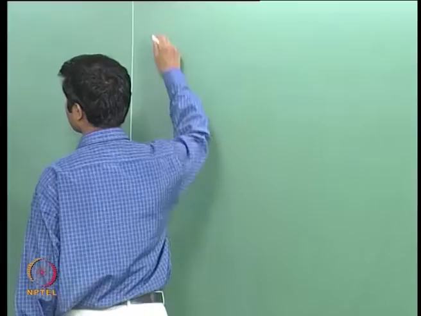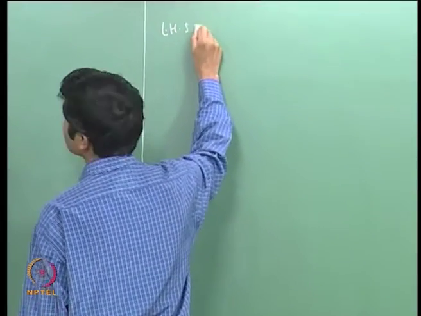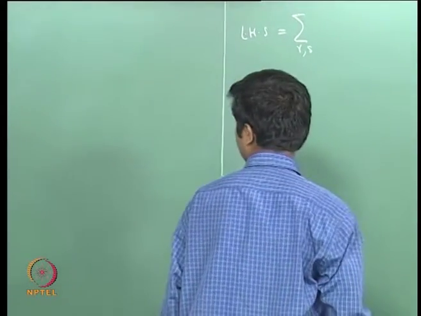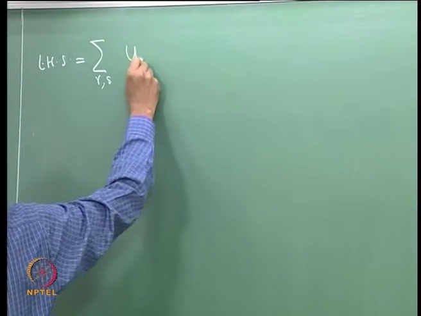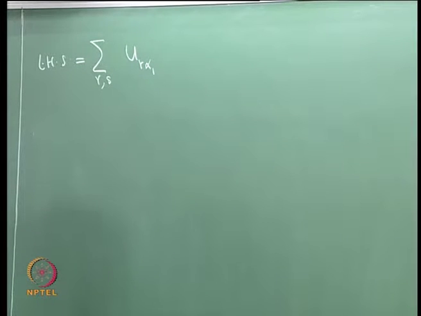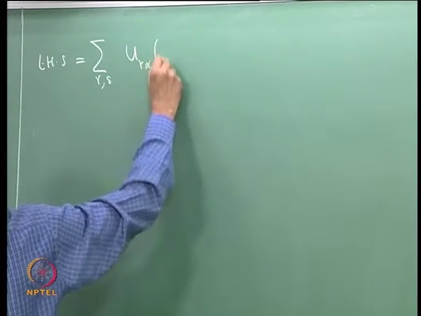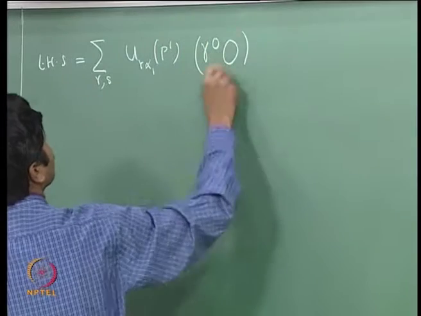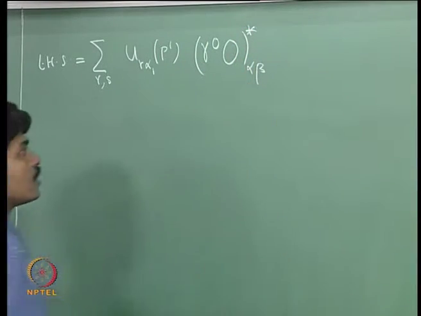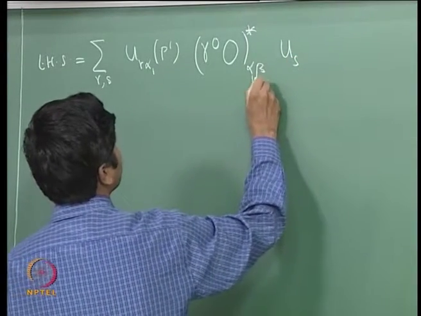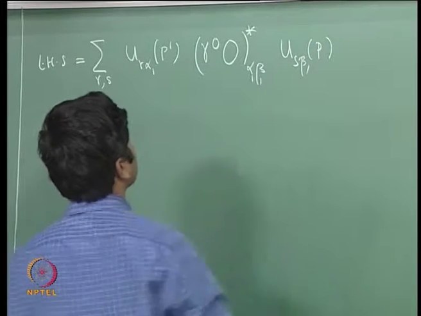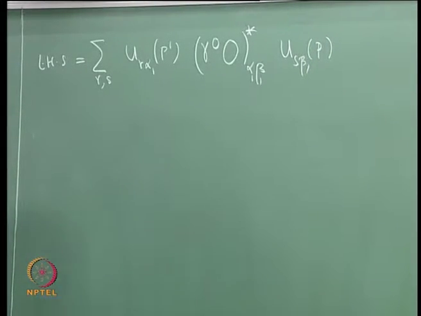Therefore, LHS is equal to sum over r s of u r alpha 1 star (I will use alpha 1 for this one) of p', gamma 0 O star of alpha 1 beta 1, and then u s beta 1 of p, u s beta 1 of p star.